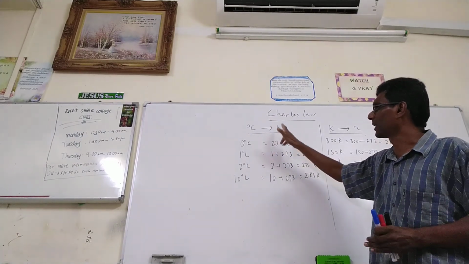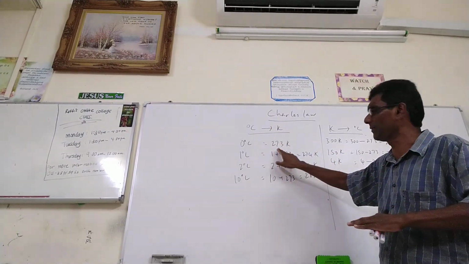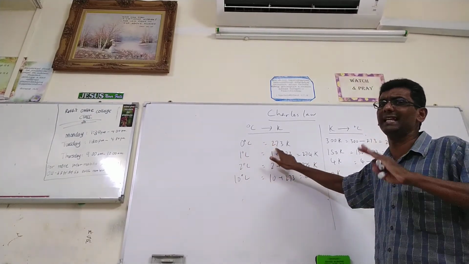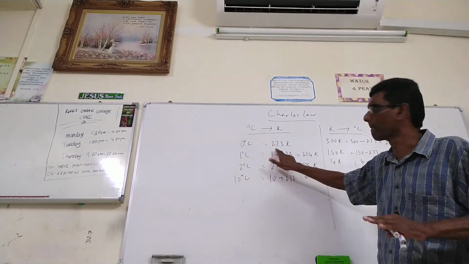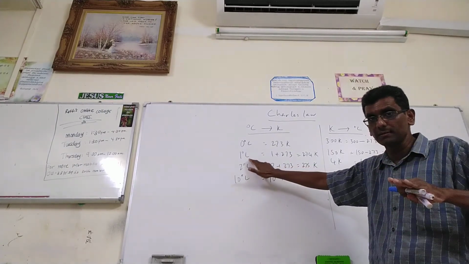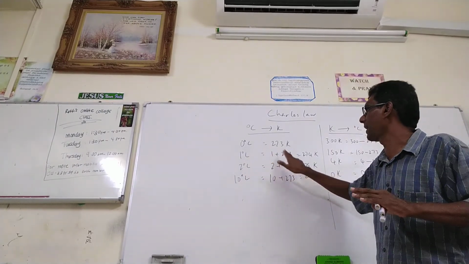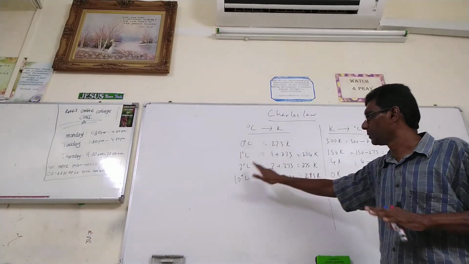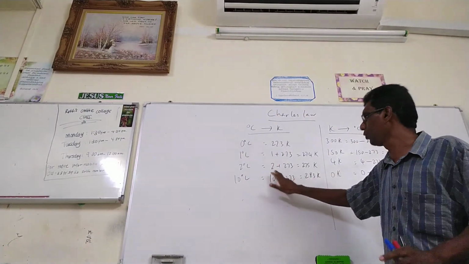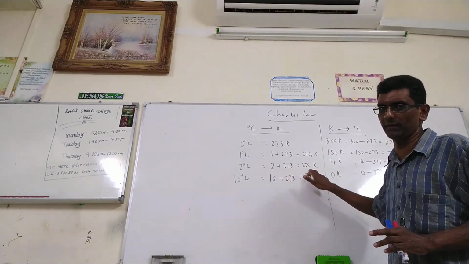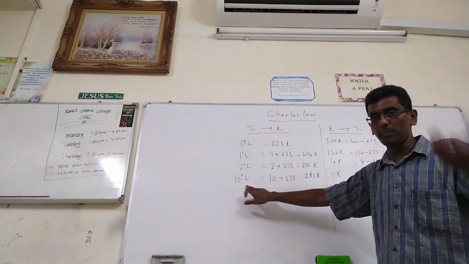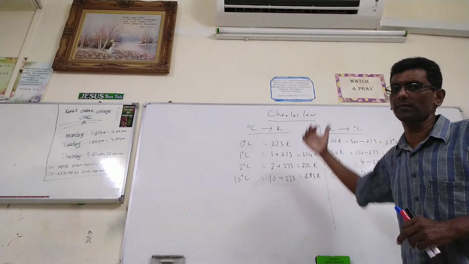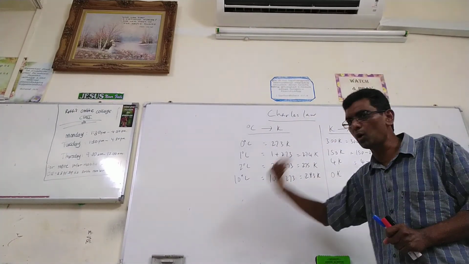So I repeat once again. Degree Celsius to Kelvin, you must plus 273. 0 degrees Celsius equals 273 Kelvin. 1 degree Celsius, 1 plus 273, 274 Kelvin. 2 degrees Celsius, 275 Kelvin. 10 degrees Celsius, 283 Kelvin.